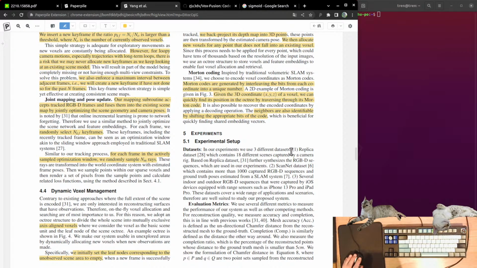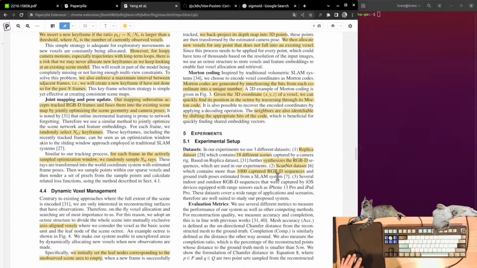3 different data sets. Okay. 1, the replica data set. Okay, 18 different scenes captured by a camera rig. And the depth is actually synthetic. Okay. They have another one called ScanNet, which is 1,000 RGBD sequences and ground truth pose estimates.